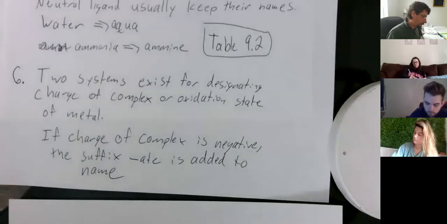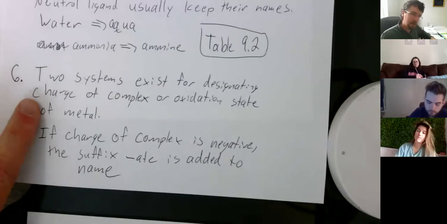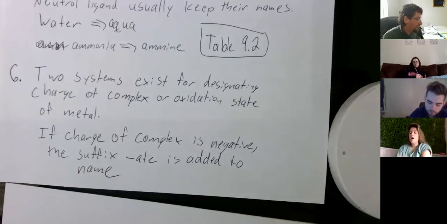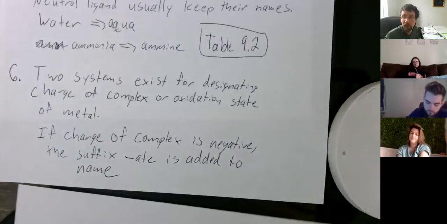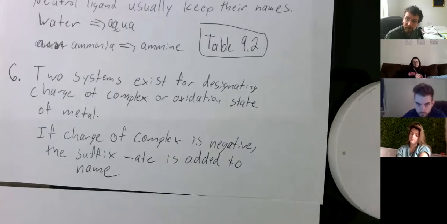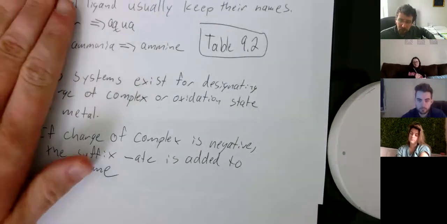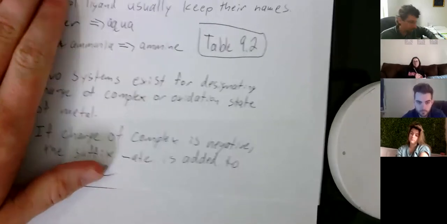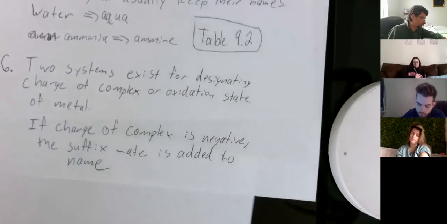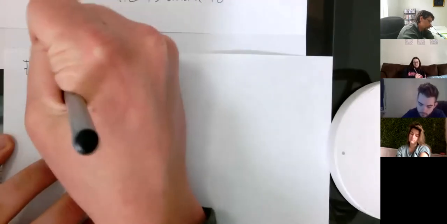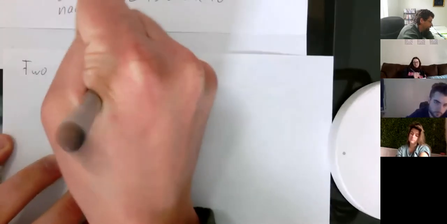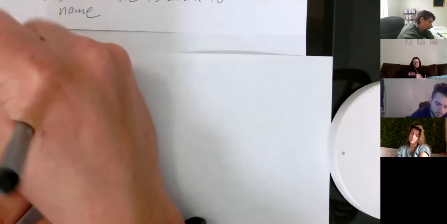So like we said, there are 2 systems. One is known as the Stock system. The other one is known as the Ewing-Bassett system, and we're going to talk about both of those. You're probably more familiar with the Stock system.